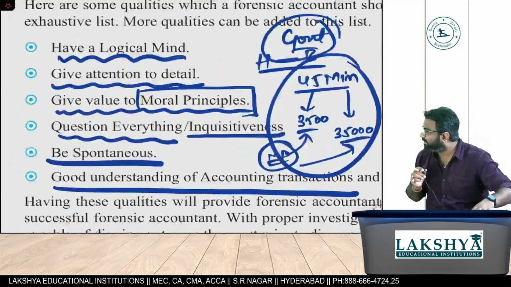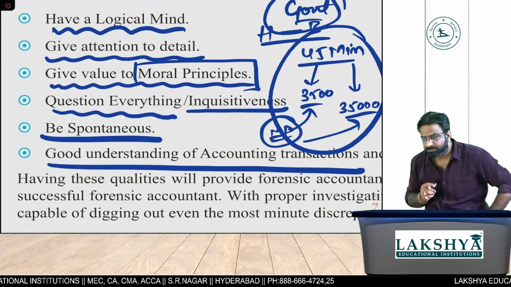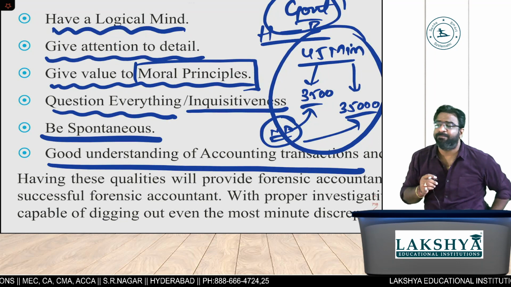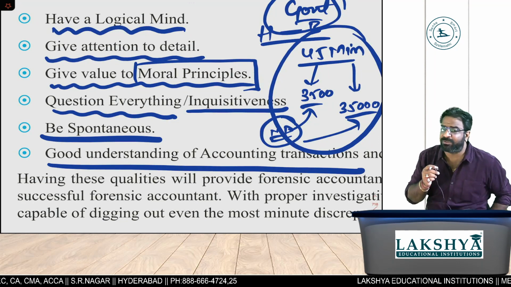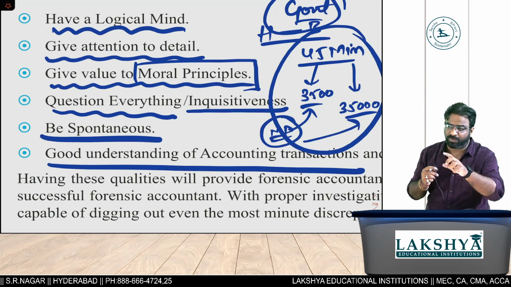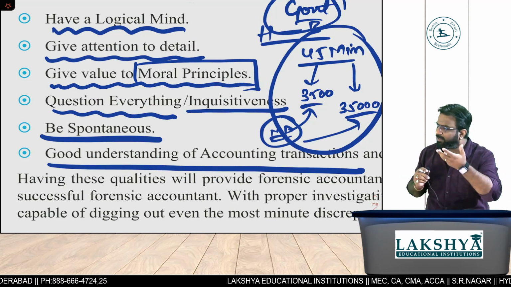Impact. Now tell me, what is the impact of overvaluation of inventory? And what is the impact of overvaluation of opening stock? What do we call it in both? In one case, you want to increase the profit by overvaluing the closing stock.